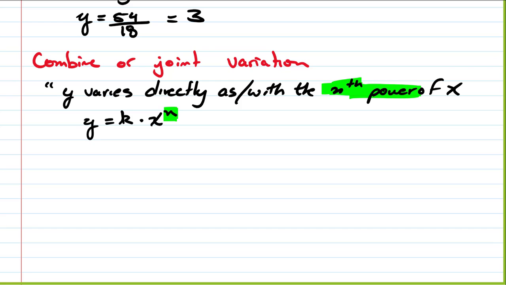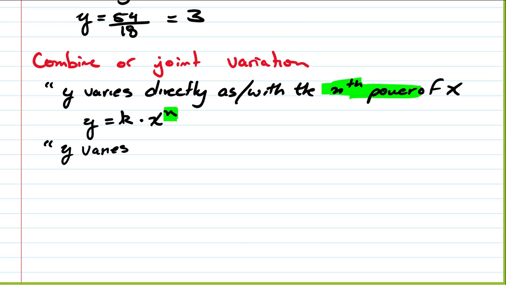So we can modify the types of variation that we've had. Notice it is once again directly, but now we're adding a modifier to the variable x. So it changes our variation equation from y equals kx to y equals k times x to the n. We can do the same thing with inverse variation.